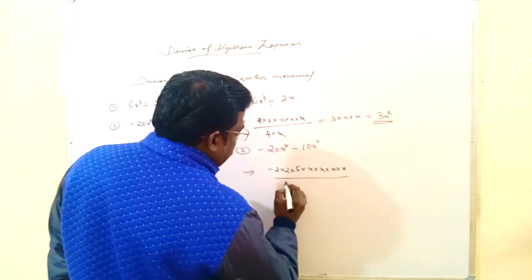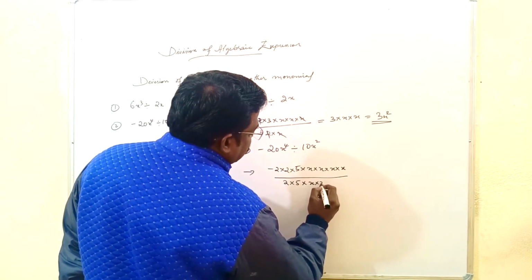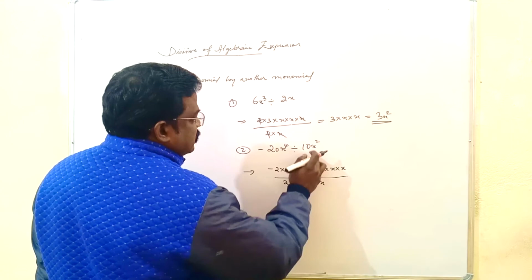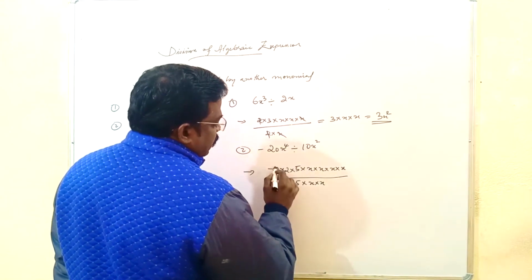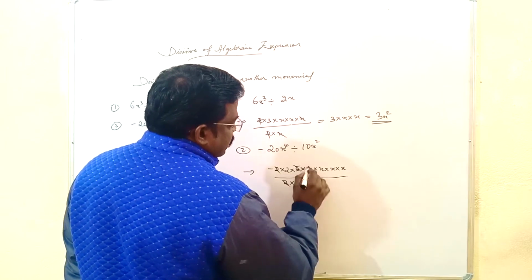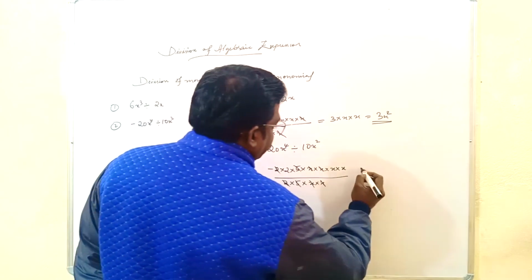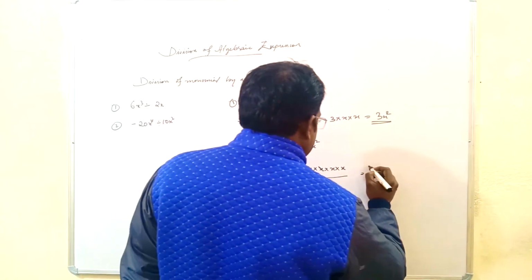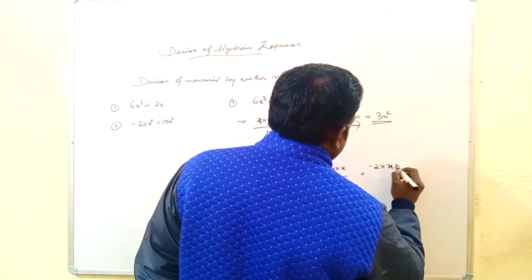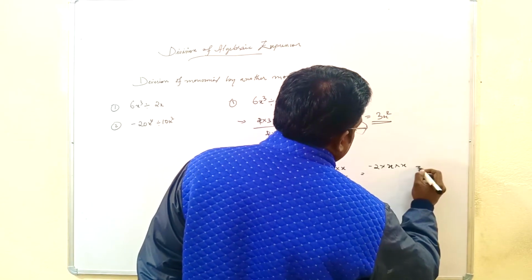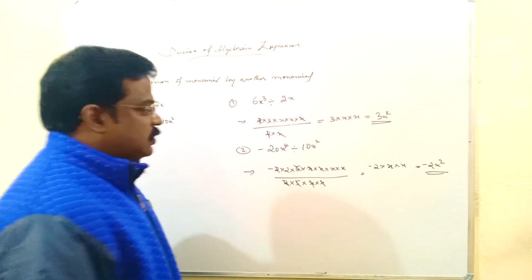Then divided by 2 into 5 into x into x, 2 into 5 is 10, and x into x is x square, so 10x square. Okay, now the 2 and 5 and the x's cancel. What terms remain? Minus 2 into x into x, that equals minus 2x square. That is the answer for that.